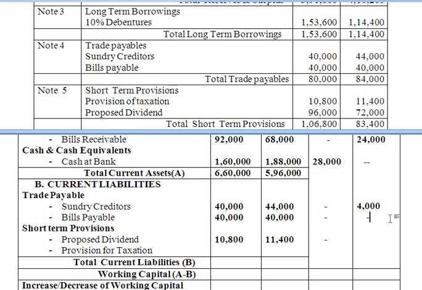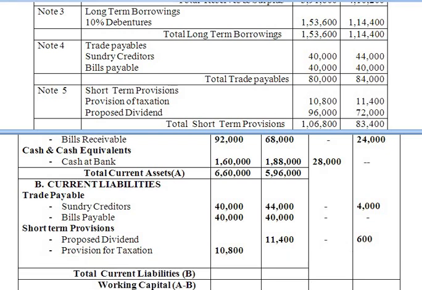So in the decrease column we can write how much the change in current liabilities is, that is the change in provision for taxation: 10,800 minus 11,400, it is 600. Next one, provision for taxation amount is 10,800.